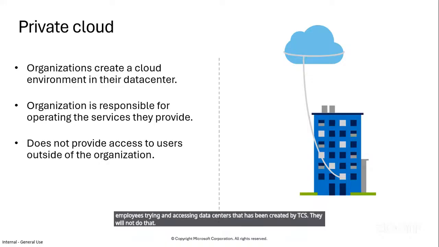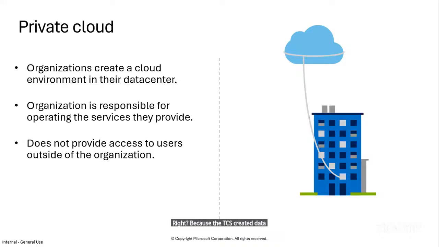Why? Because the TCS created data centers will be for their employees. All right. It is to provide access, or they do provide access to the users of their own organization. They do not provide access to users outside of their organization. And the creation of this data center, the management, maintenance, and everything will be taken care of by TCS itself.